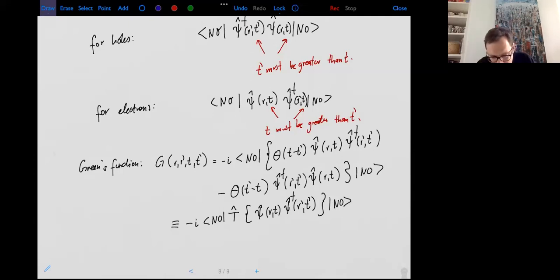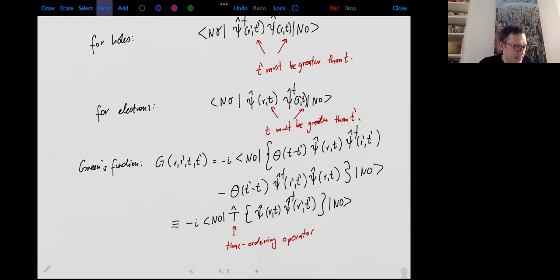Right, so they introduced this time ordering operator, which allows you to combine this long equation up here into the simpler one. Basically, it reorders psi and psi dagger such that the one with the earlier time argument comes first. But really, the important bit is this first term. But you'll quite often encounter it written in this way.